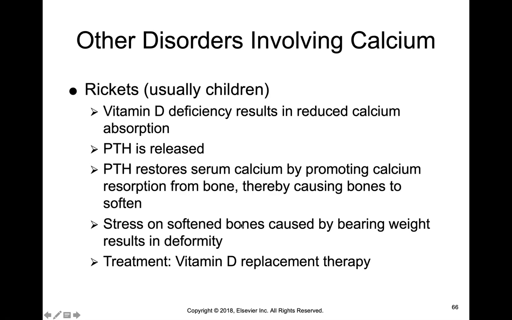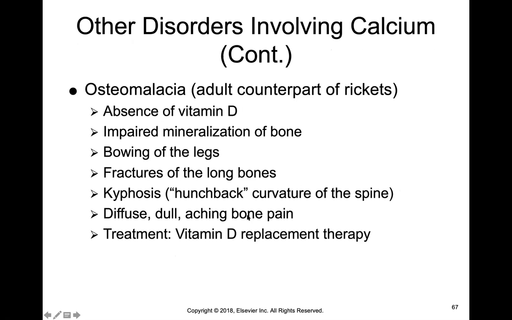And there is PTH release in rickets, and the treatment really is to just continue giving vitamin D. Osteomalacia is a term hopefully you're familiar with. It involves absence of vitamin D, impaired mineralization of the bone, and bowing of the legs. These are all things that osteomalacia could lead to.